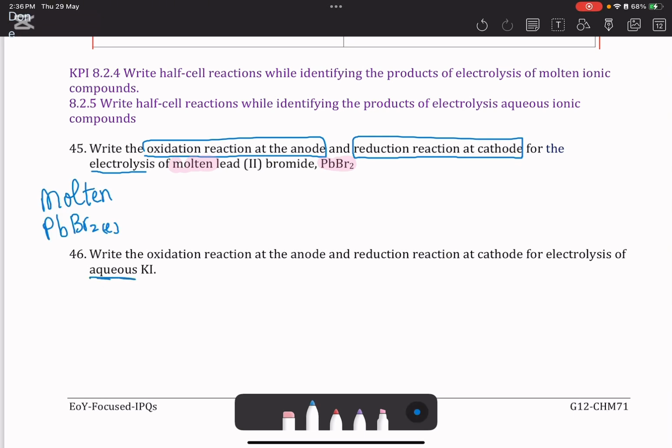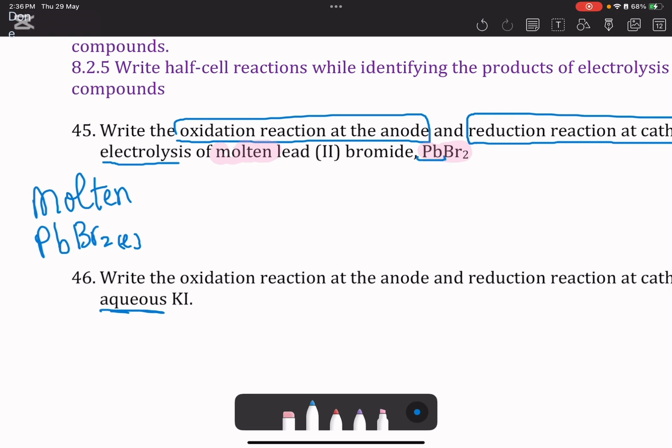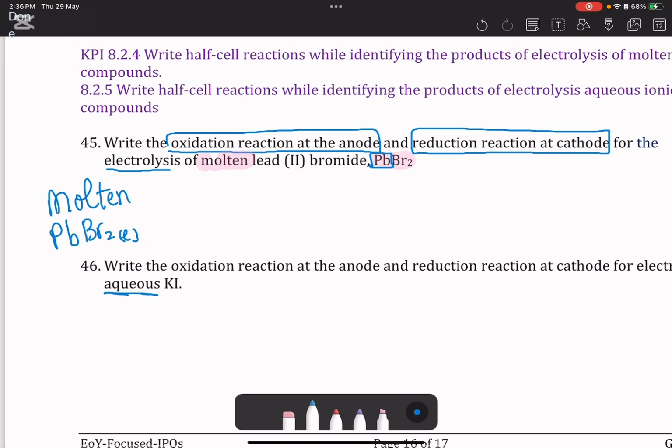So in molten electrolysis, it's always very simple. You look at the formula itself. Whatever is coming first, it's the metal obtained at the cathode. So at the cathode, I obtain lead. And whatever is written here is what I get at the anode.